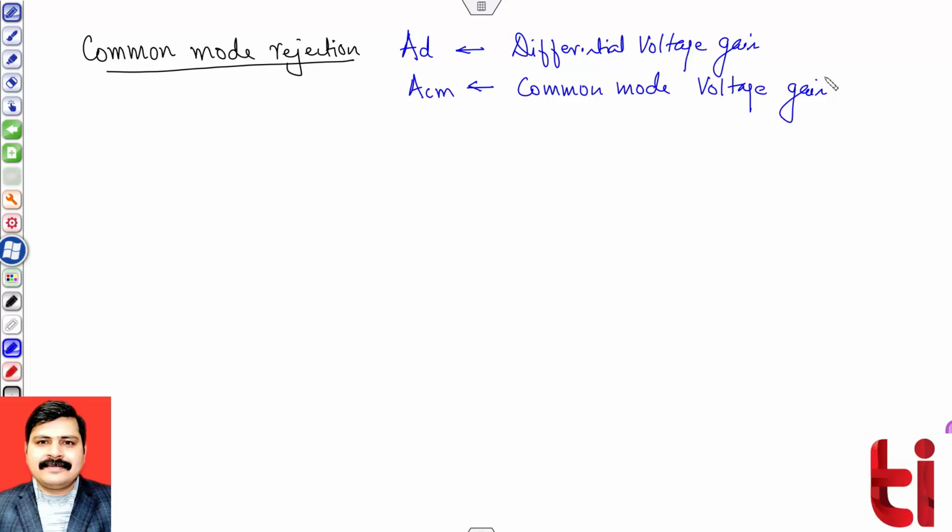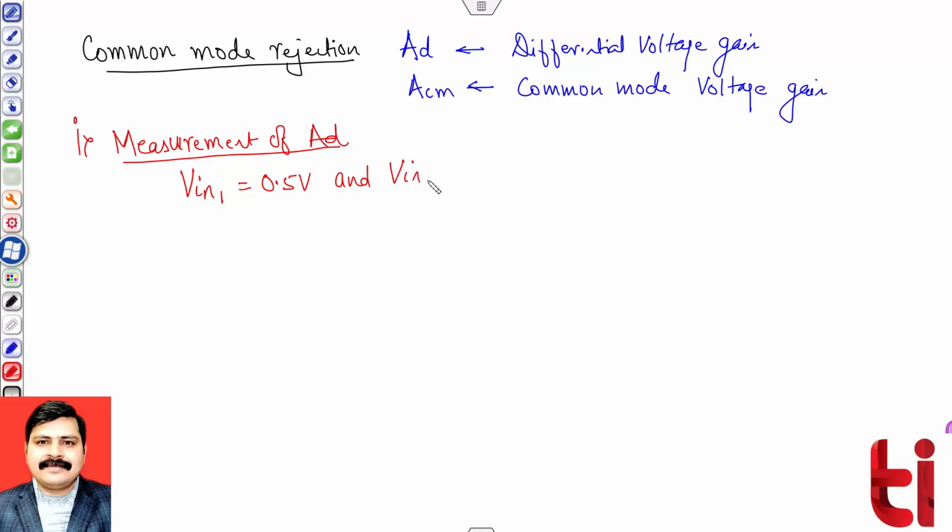So for the measurement, let us take the differential input voltage first. For that, take the value of Vin1 equal to 0.5 volt and Vin2 equal to minus 0.5 volt.